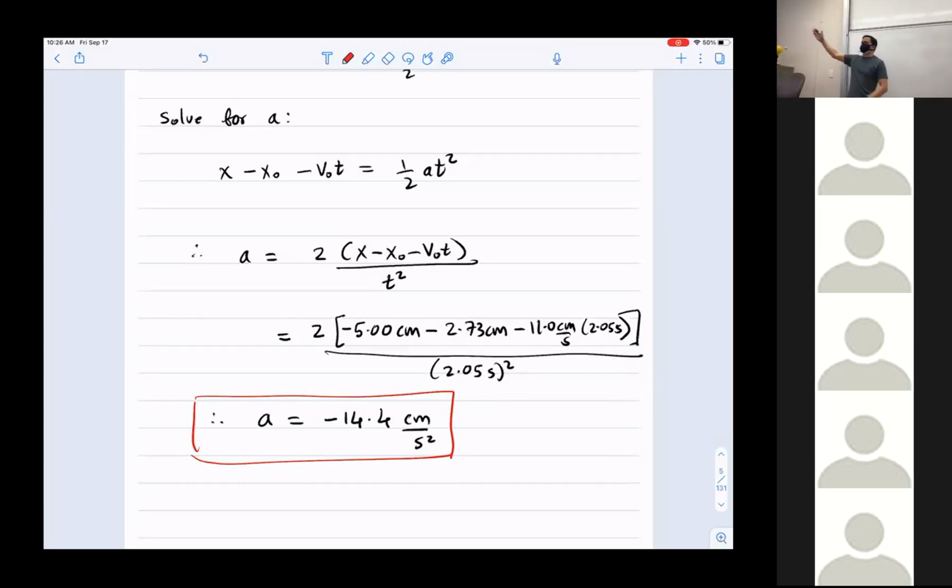So the more work you show, the more symbolic equations you show, even if you don't get the right answer, that's fine. You will get most of the credit because, again, I don't care that it's minus 14.4. The number is the least interesting thing to me. It's more important that I see that you're able to figure out what the answer is. So the stuff that comes before the final answer is way more important. Any questions on that?